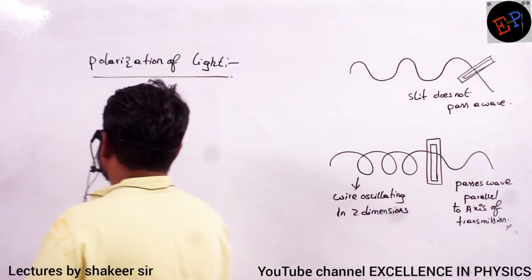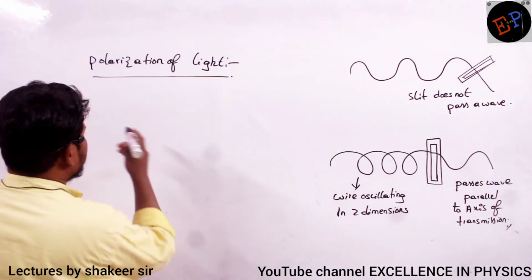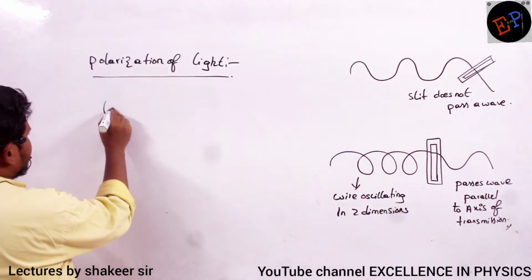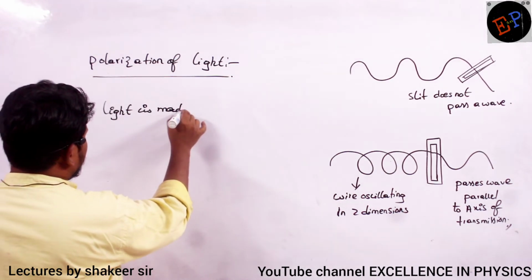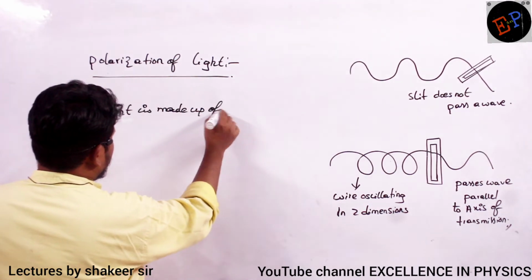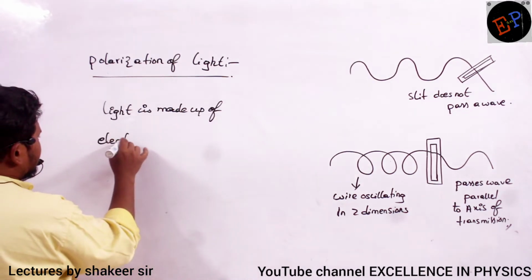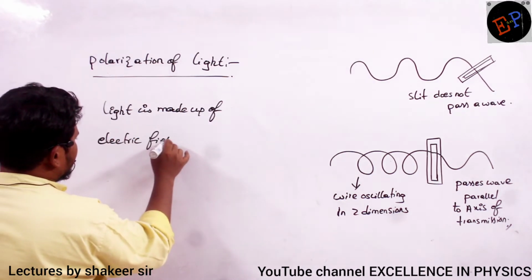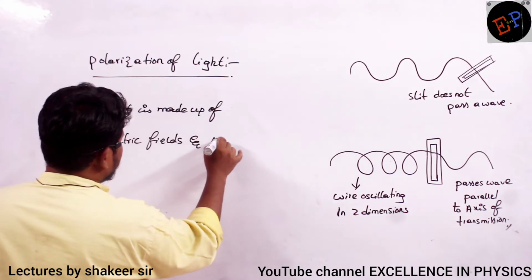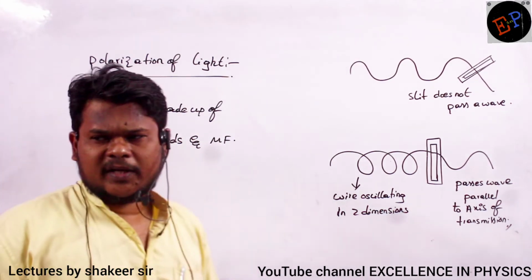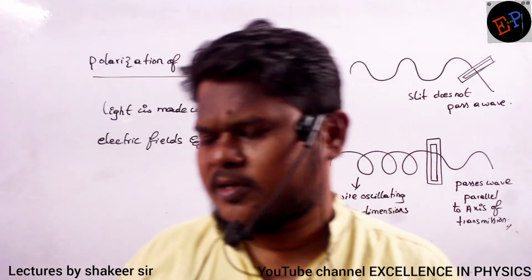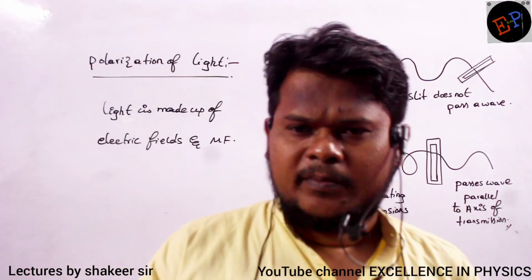In polarization of light, see what light is made up of. Light is made up of electric fields and magnetic fields. In electromagnetic waves you should have studied that light is a combination of electric field as well as magnetic field.